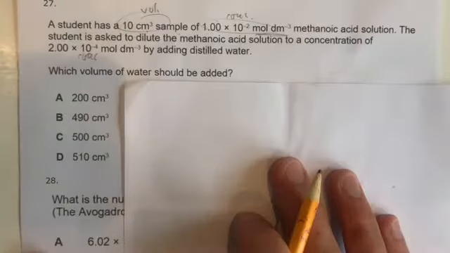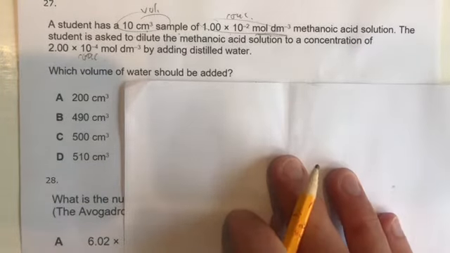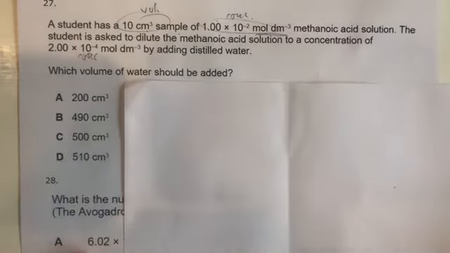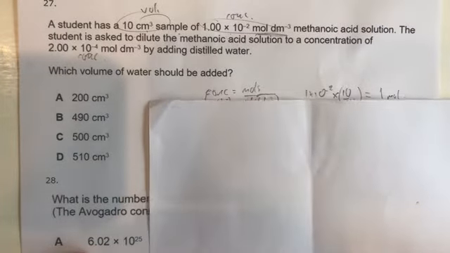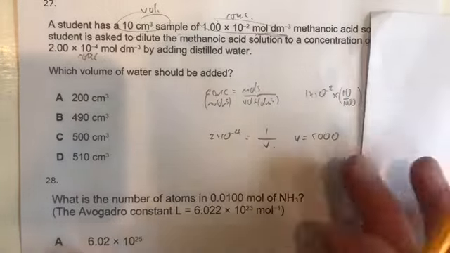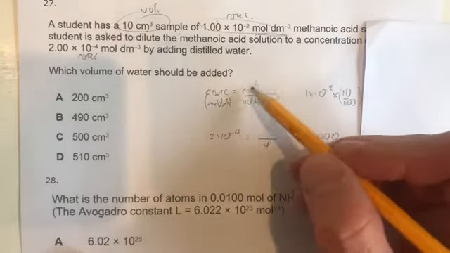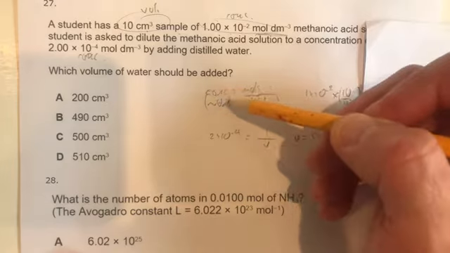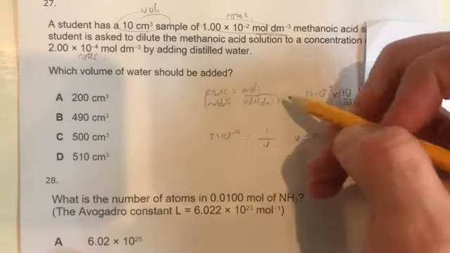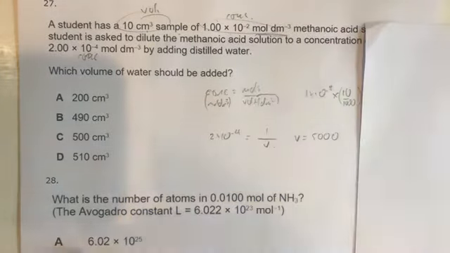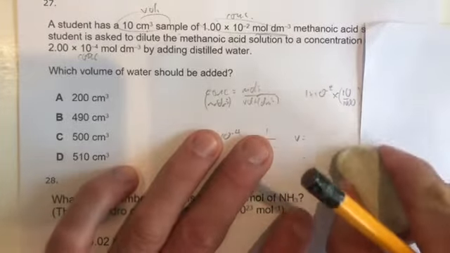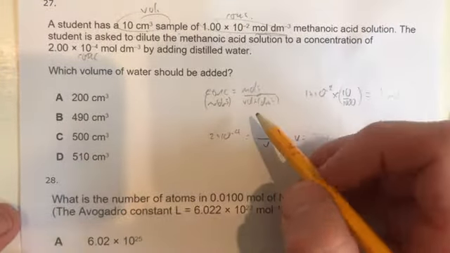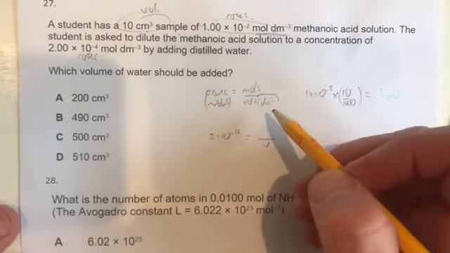Team maths can probably do a bit of shortcutting here because you can just do this by ratios. But I'm going to show you the way using the equation you should be familiar with: concentration equals moles over volume. Concentration is moles per dm³. Apologies about my terrible writing. The volume has to be in dm³.